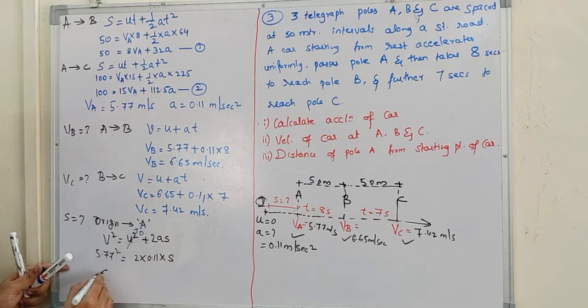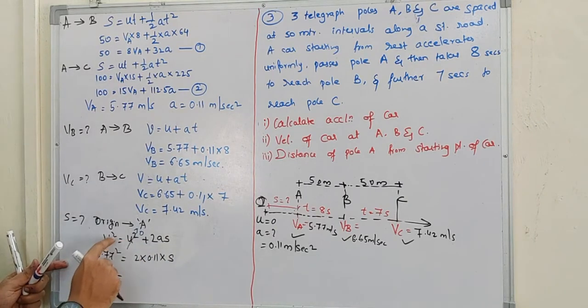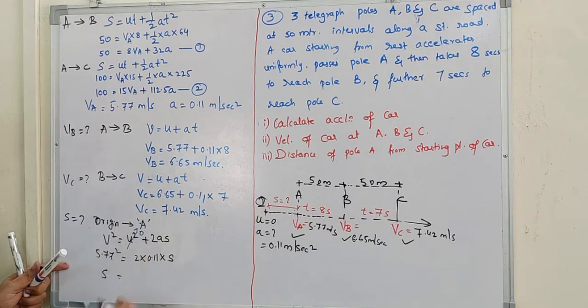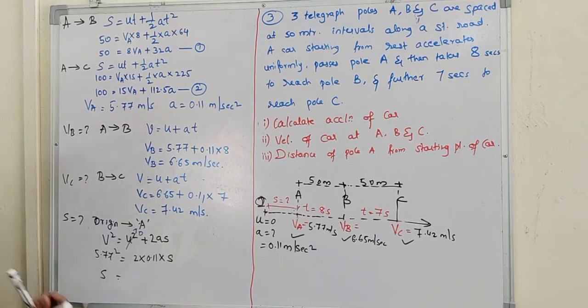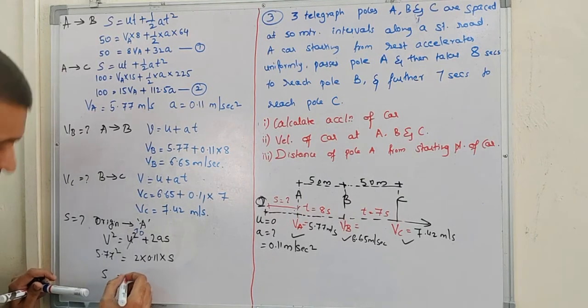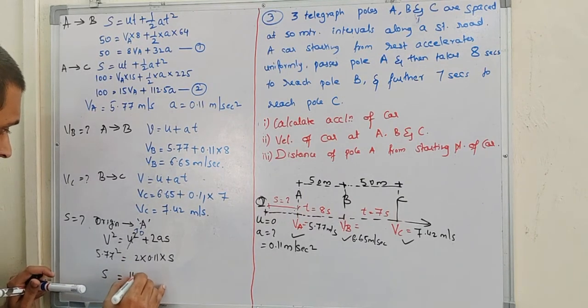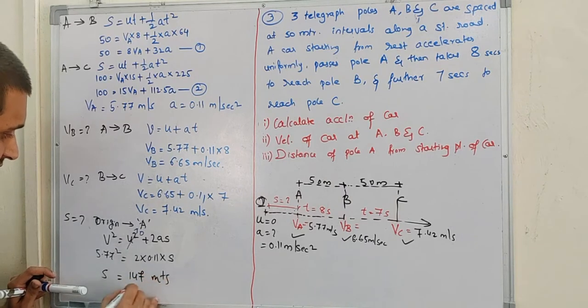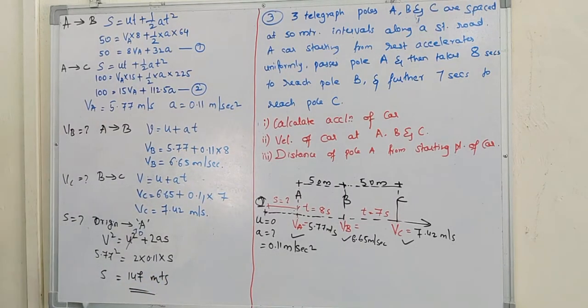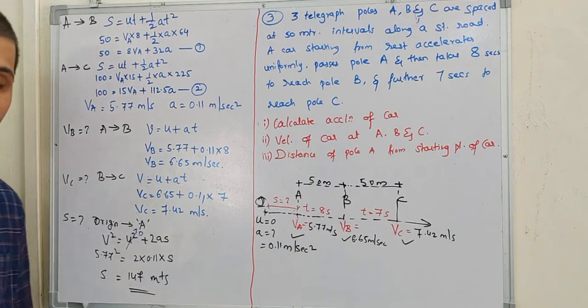So S will be 5.77 square divided by 0.22, which you should be getting as somewhere around 147 meters. You can check these calculations.